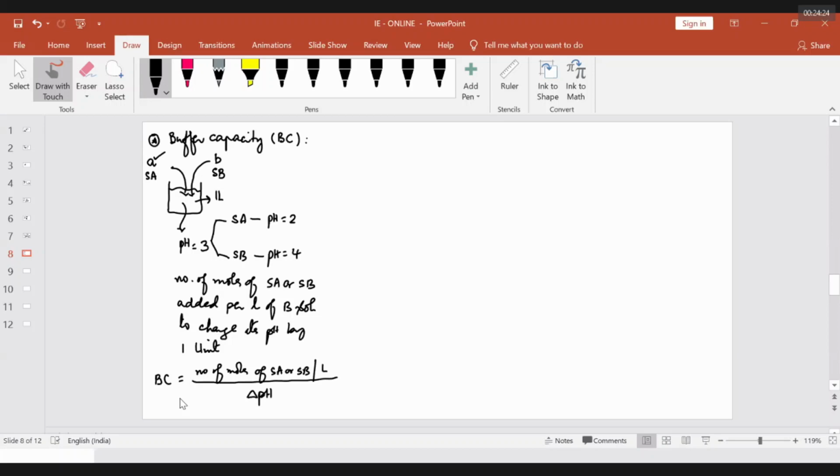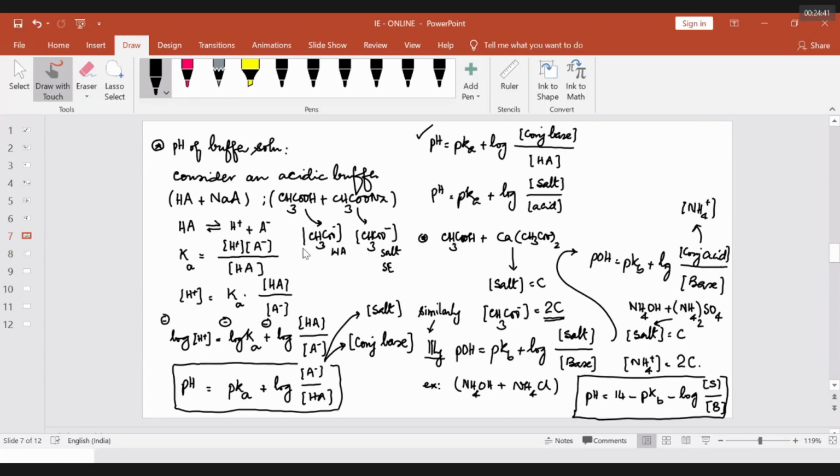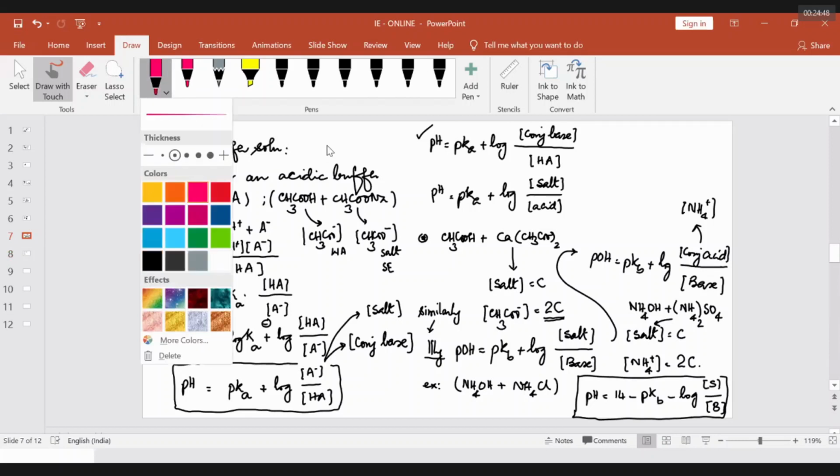Now, suppose we have a buffer solution, for example an acidic buffer. By the way, these two equations that we have derived are called Henderson's equation; in your notes, please write that down, you have to honor that fellow.